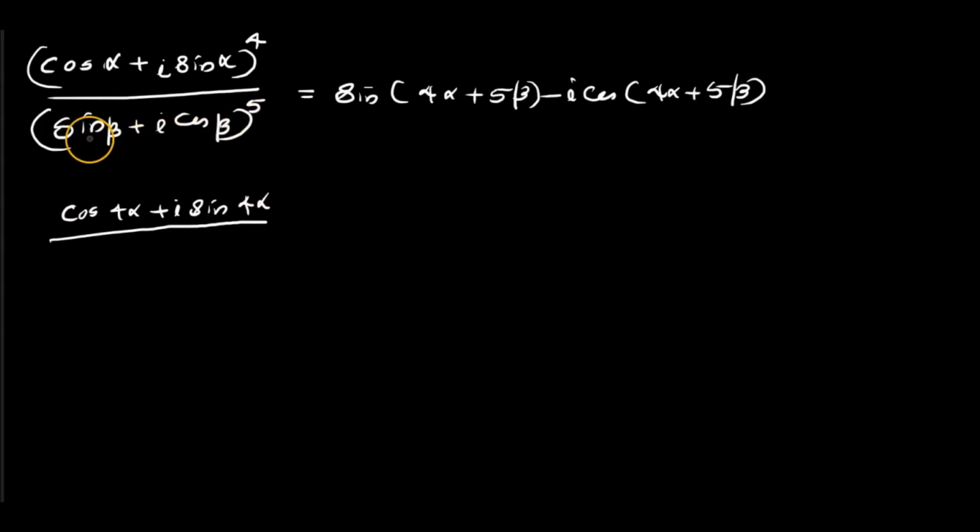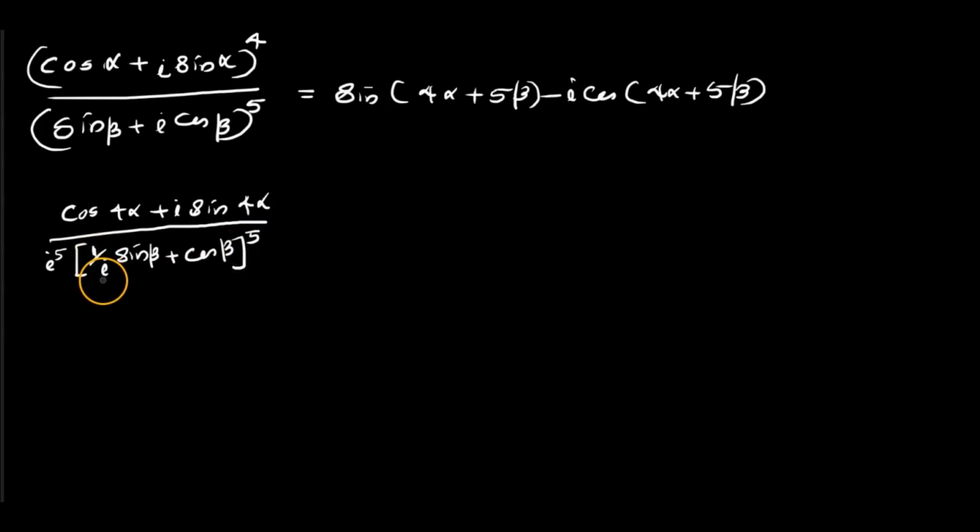This we cannot write as sin 5 beta plus i cos 5 beta, but we can take this i outside. That means i raised to 5 outside, we get 1 by i (sin beta plus cos beta) all power 5.